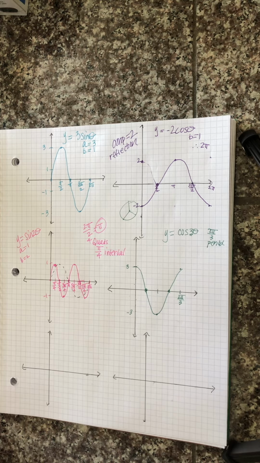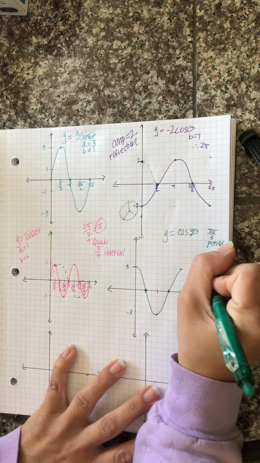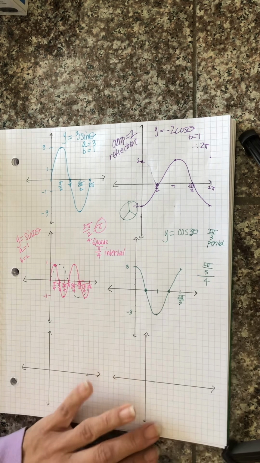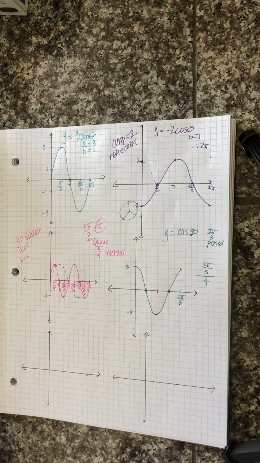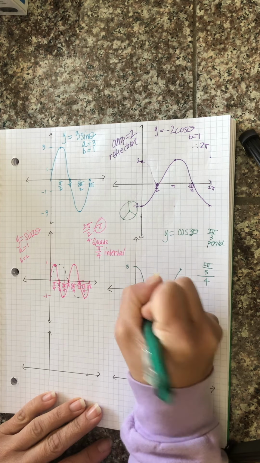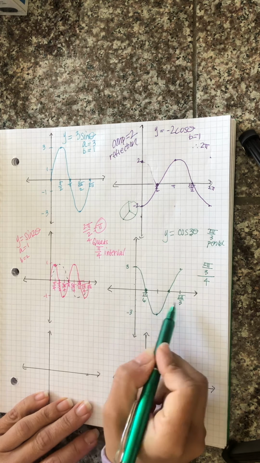So I'm going to take 2 pi over 3, and I'm going to divide it up over 4. So you always take the period over 4 to determine the intervals. So let's see, 2 pi over 3 over 4, I believe, is pi over 6. Yeah, pi over 6. Each interval is pi over 6.